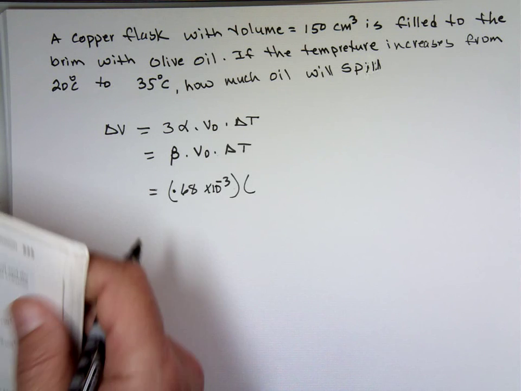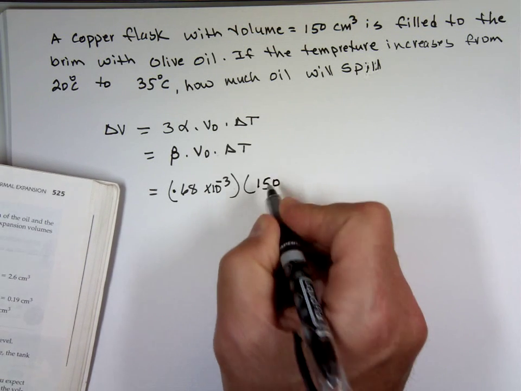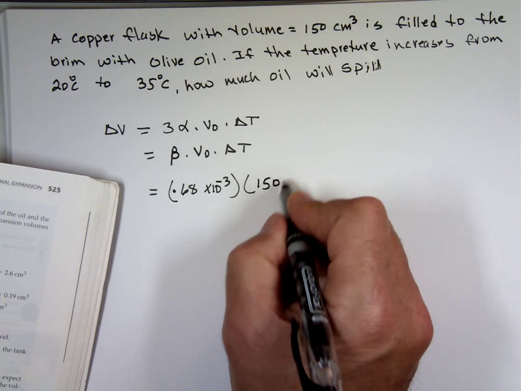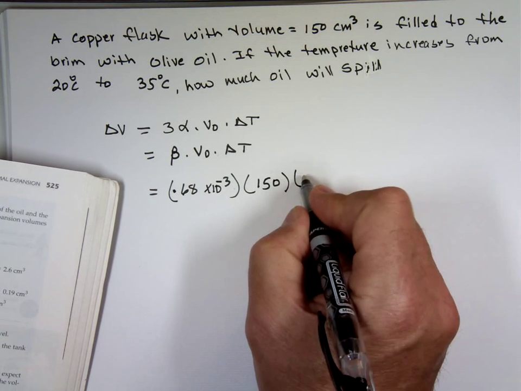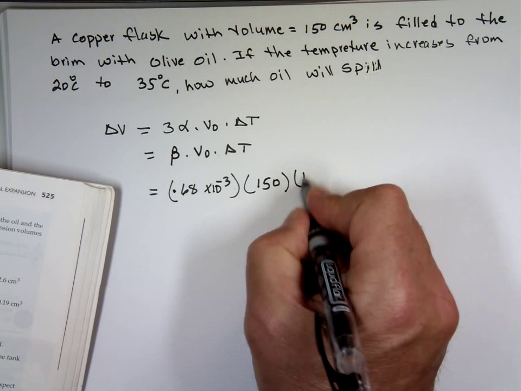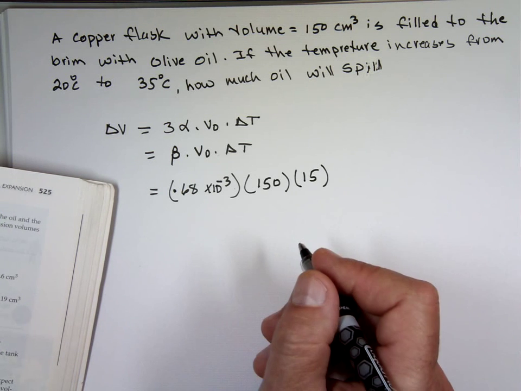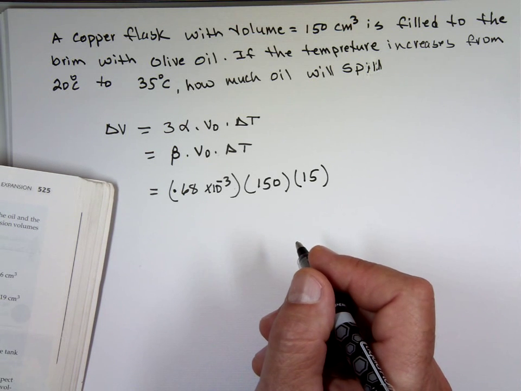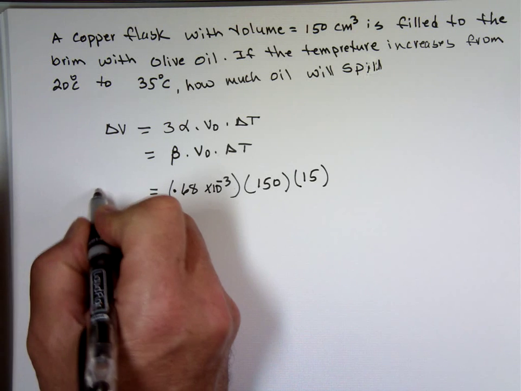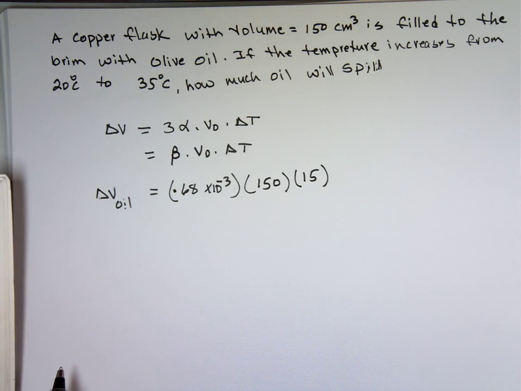The volume is 150, times the change in temperature, which is from 20 to 35, is 15. That's the change in the volume of the oil, the olive oil.